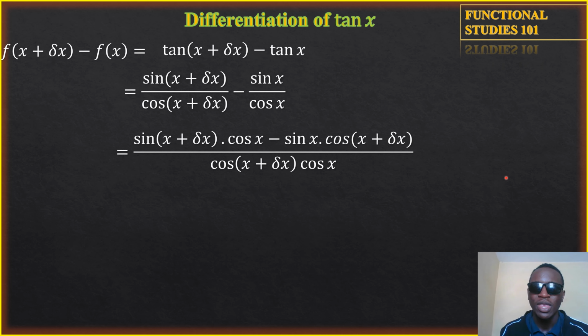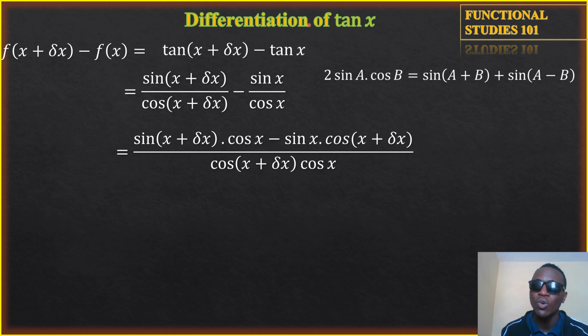Then now, in the next step, we are going to use the identity that I gave you earlier. To use this identity, you have to make sine A cos B the subject. That is, you have to change these two to 1. To do that, you multiply A by half. Any number multiplied by its reciprocal is 1.